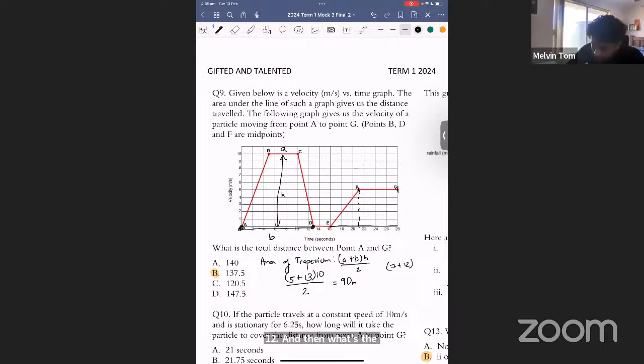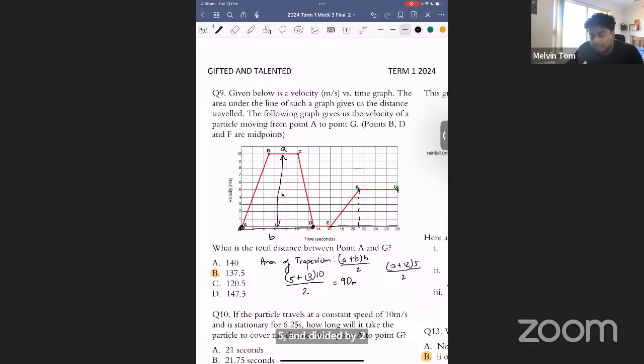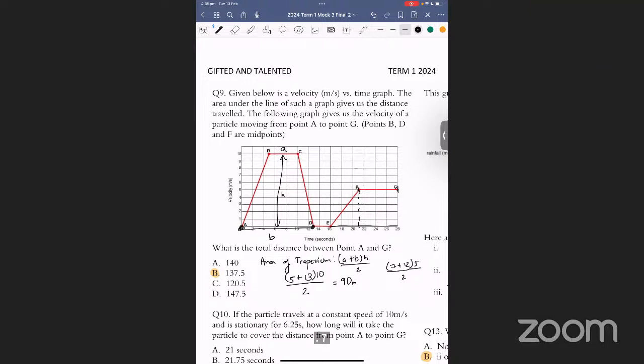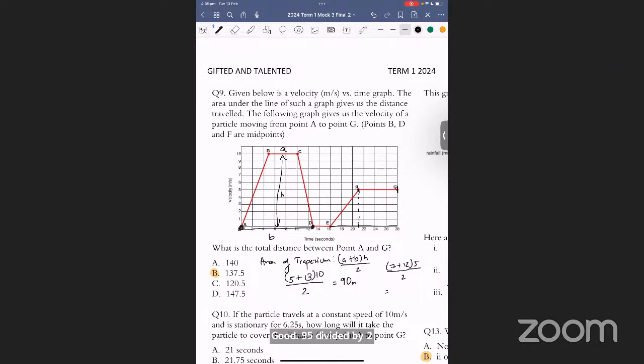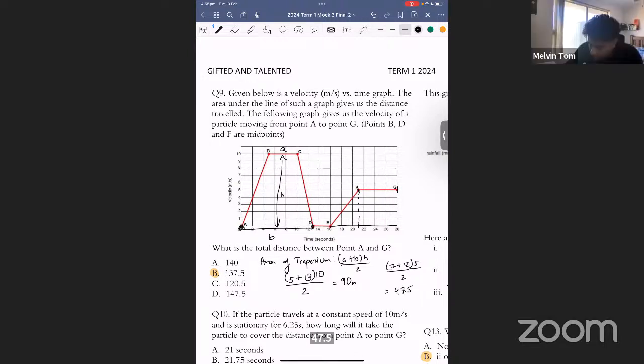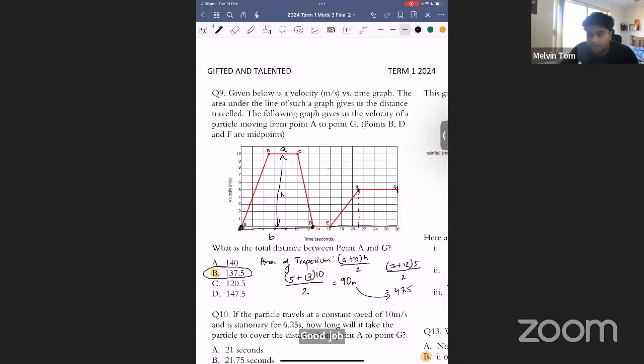And then what's the height? 5. And divided by 2. 7 plus 12 is 19. 19 times 5, 95. Yeah. Good. 95 divided by 2. 47.5. And if you add 90 plus 47.5, you get 137.5. Good job, boys.